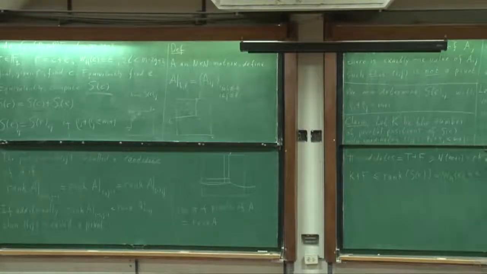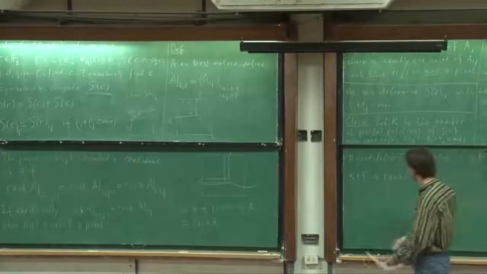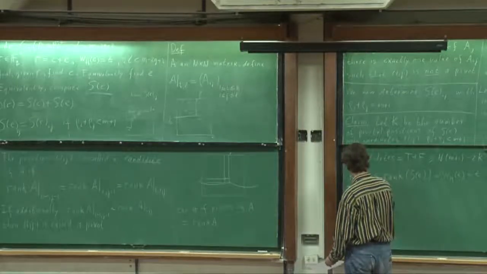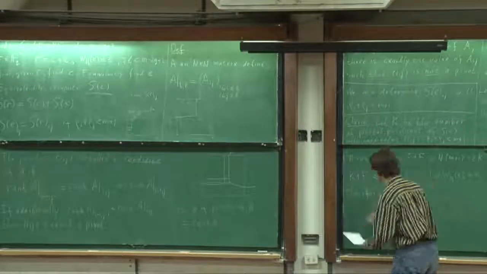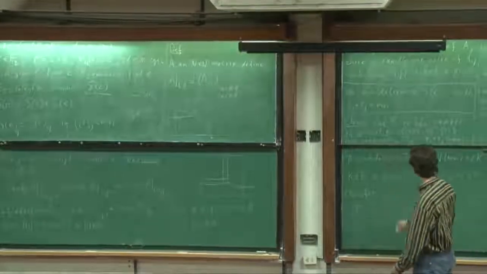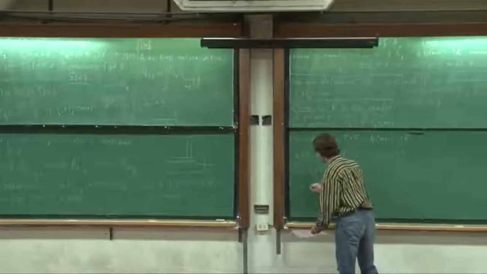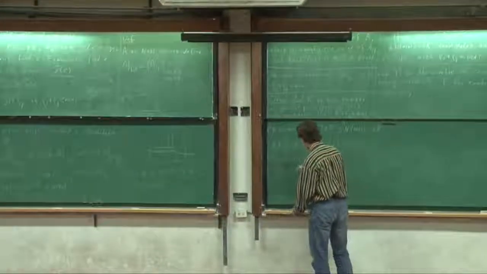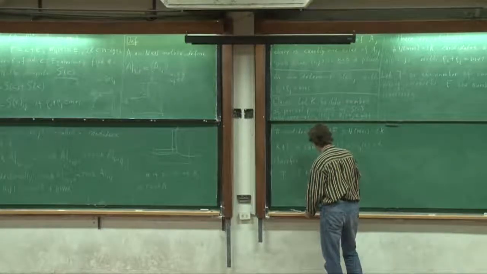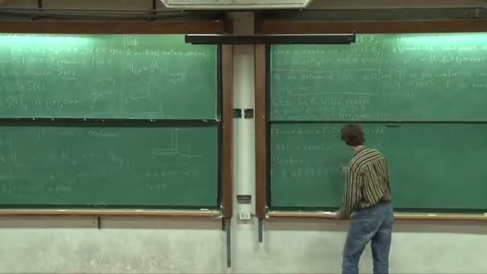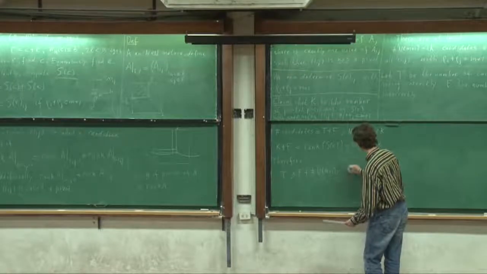Now we have two inequalities to play with, and if we manipulate these two a little bit, what we get is the following. You simply get that T is larger than or equal to F plus the cardinality of this set minus twice the Hamming weight.